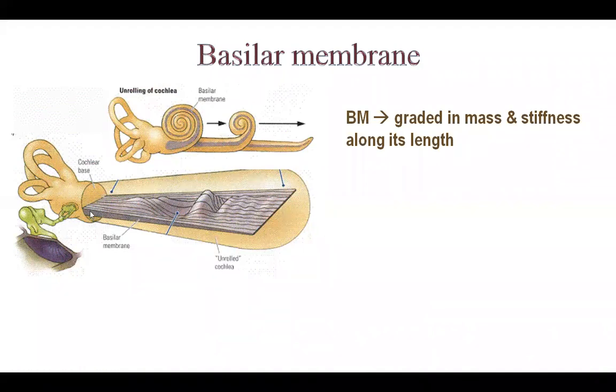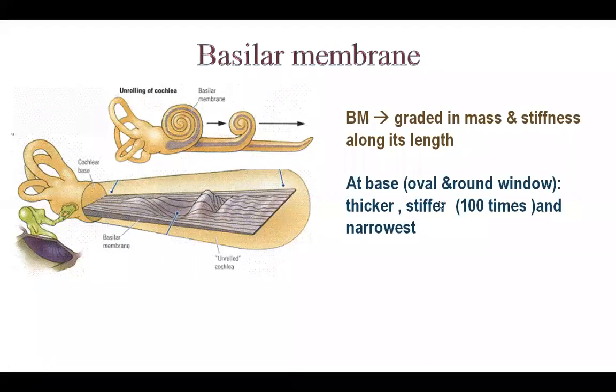In the diagram, this is the base and this is the apex. The base is thick and narrow, while the apex is broader than the base. At the base, near the oval and round window, the basilar membrane is thicker, almost 100 times stiffer than the apex, and narrow.